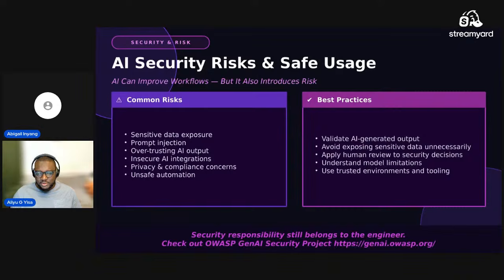So let's also talk a little bit about the risk, right? One thing that you need to understand about generative AI is that it's not deterministic, in the sense that you can run the same exact model, the same parameters, the same prompt into an AI model, and it would come back with completely different results every time, right?